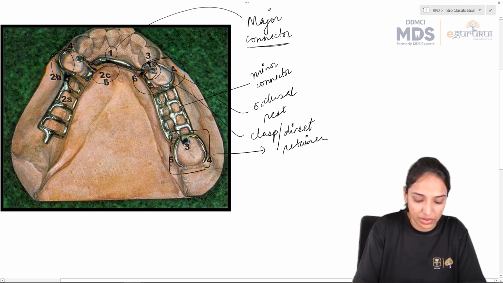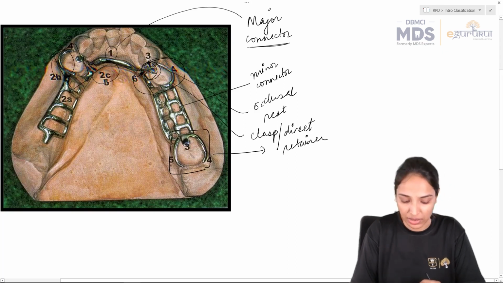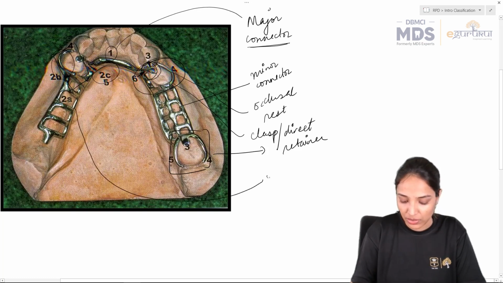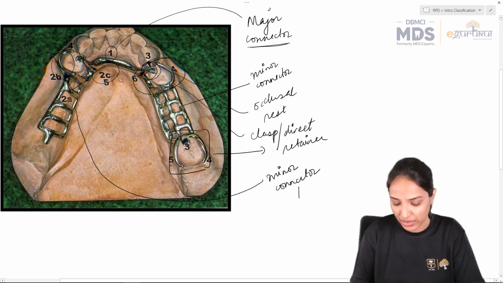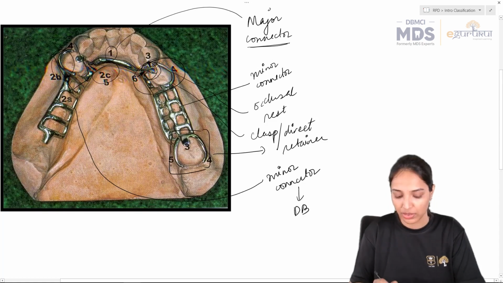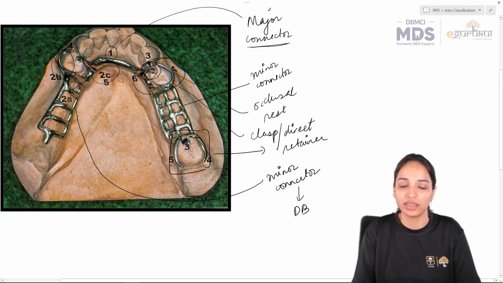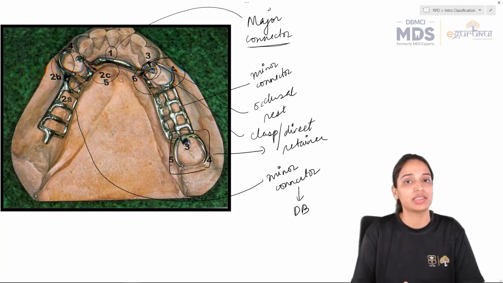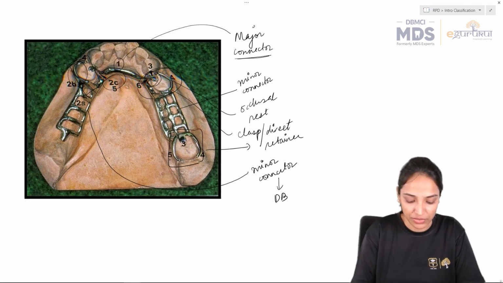Fine. This here is also a direct retainer assembly. Then this part over here is also a minor connector, but this minor connector unites with the denture base. So that is a separate variety of minor connector which unites with the denture base. So in totality, this is what is forming the framework of the cast partial denture.